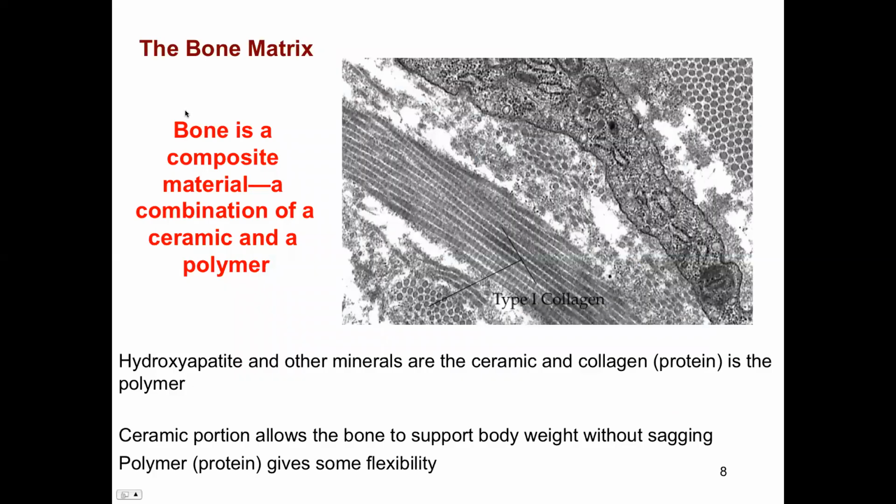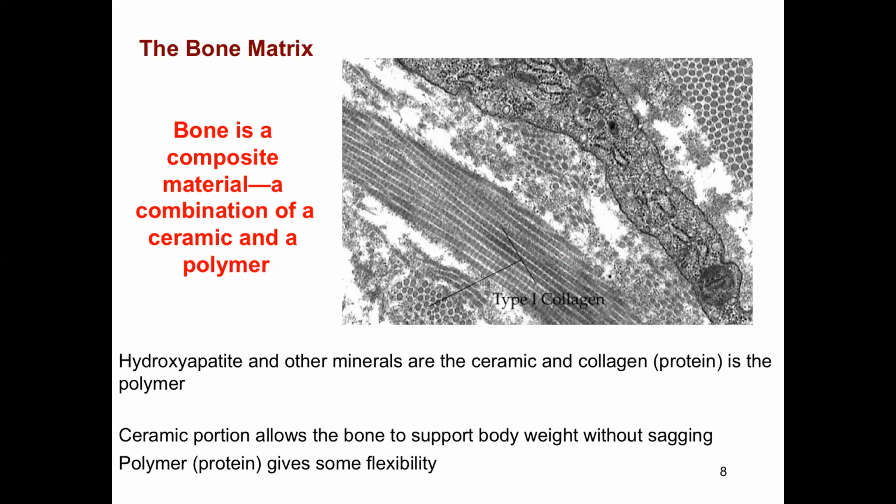Now, the bone matrix itself. I teach chemistry as well, as some of you know. In that chemistry class, I get to talk about composites in terms of organic polymers. It's kind of weird to think of bone the same way, but it is also a composite. Basically, a composite is a mixture of a ceramic and a polymer, which sounds weird, right?